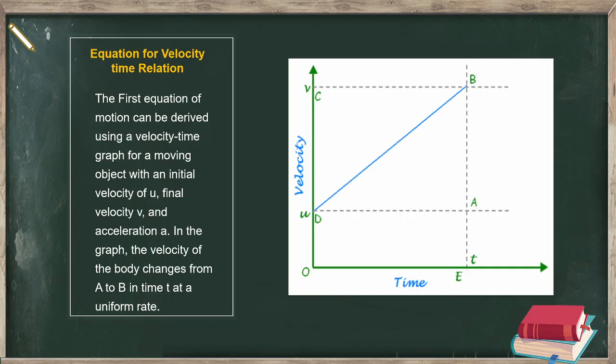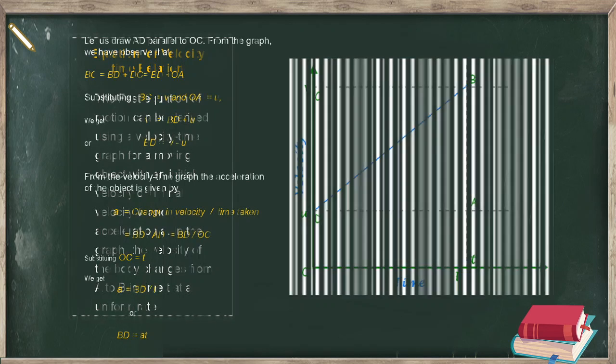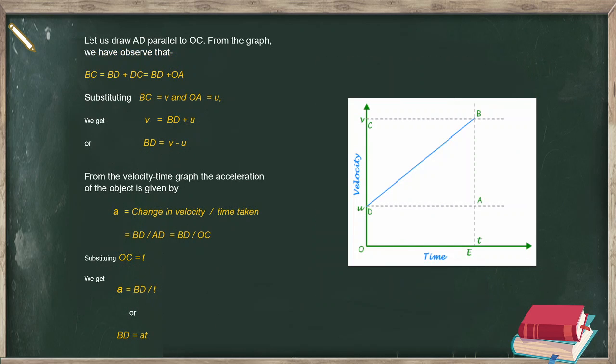BD is equal to BC minus CD, representing the change in velocity in time interval t. Let us draw AD parallel to OC. From the graph we observe that BC = BD + CD = BD + OA. Substituting BC = v and OA = u, we get v = BD + u, or BD = v - u.